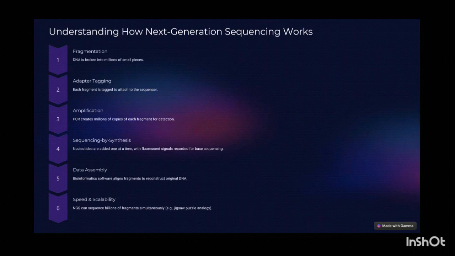To make it differentiate, we add the adapter and use PCR for amplification, and we sequence by synthesis, and we assemble the data. So this is how NGS works.